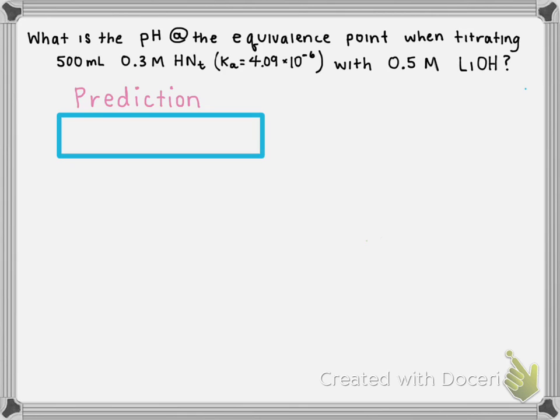So sometimes it does help to have a little picture of what's going on. And so we can think, we have our beaker, and it's starting with 500 milliliters of our HNT.